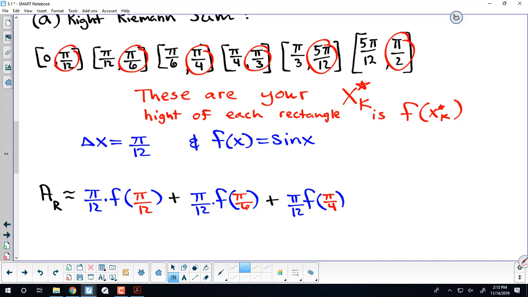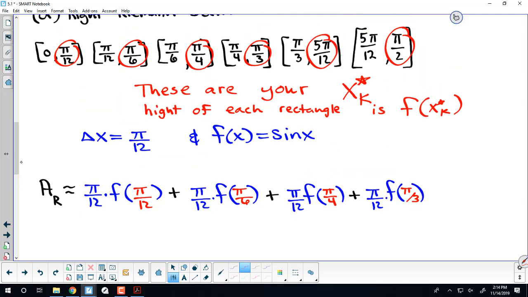Pi over 12 times f of pi over 4 is the area of the third rectangle. Pi over 12 times f evaluated at pi over 3. Height of the fourth rectangle.